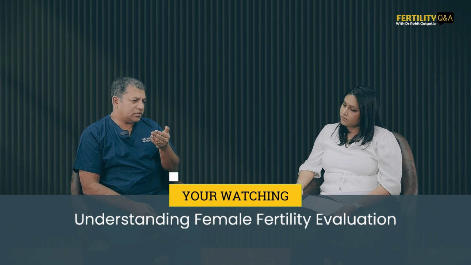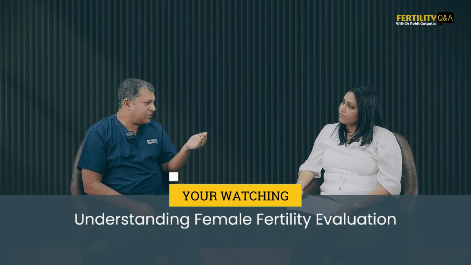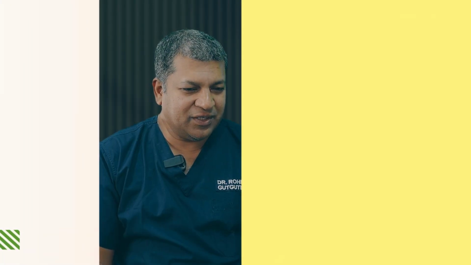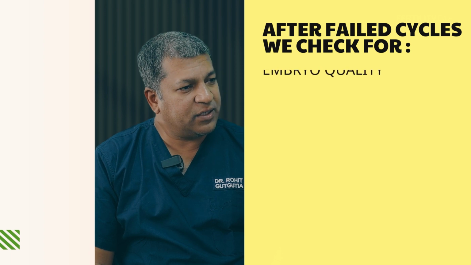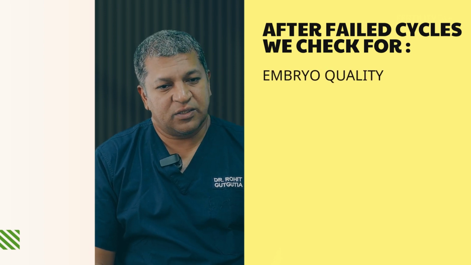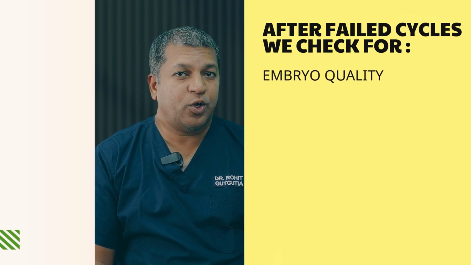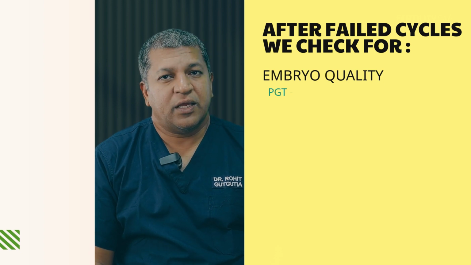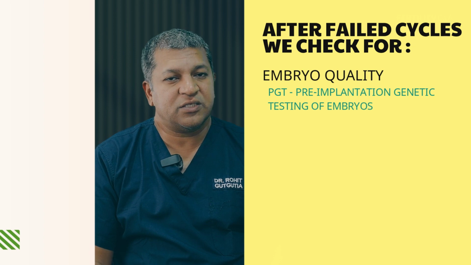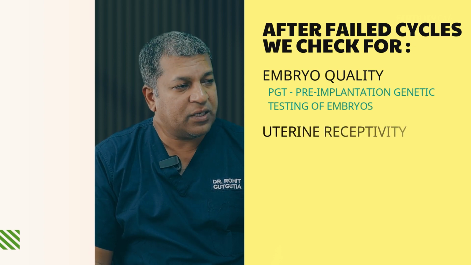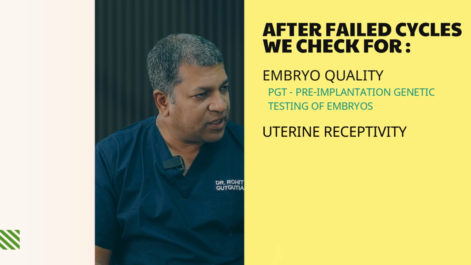This could be the thesis topic for some other episode maybe, but to talk in short, in summary, when we have failed to get them pregnant with standard IVF cycles, we need to worry that the embryo quality may not be good, and therefore we need to subject the embryo to super tests such as whether the embryo is metabolically healthy or genetically healthy or not.